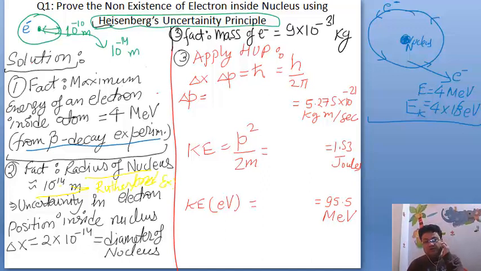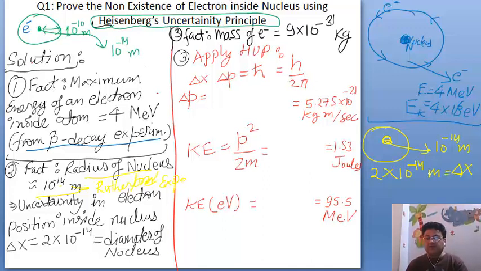So we have two facts. Now, if an electron is inside a nucleus, and this nucleus is of the order of 10 to the power minus 14 meters, the electron can be within this diameter. So the electron can be within a range of 2 into 10 to the power minus 14 meters.